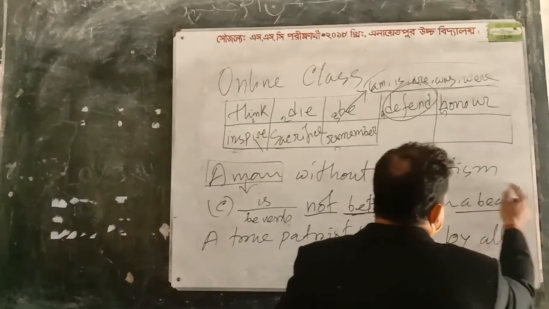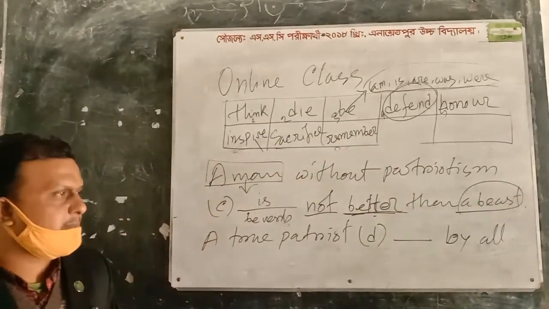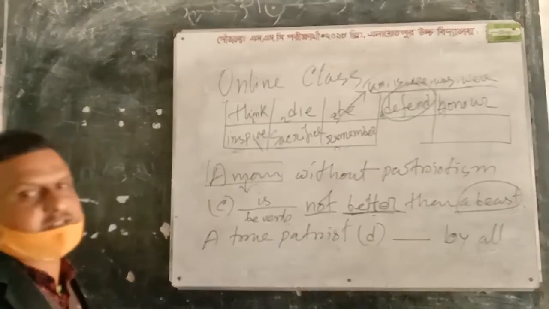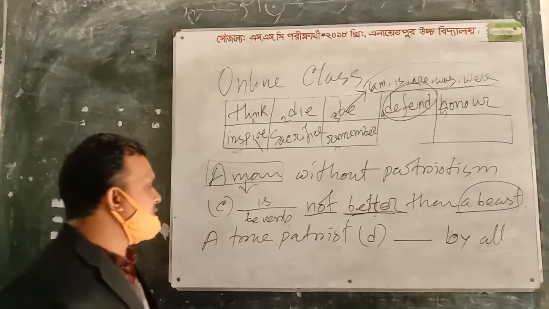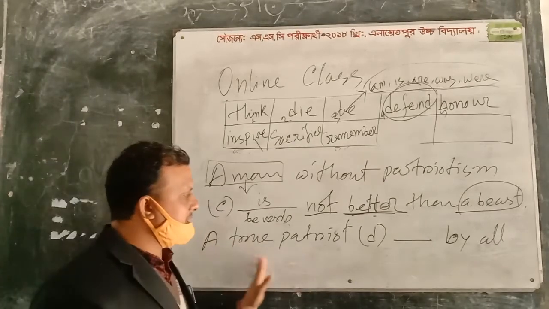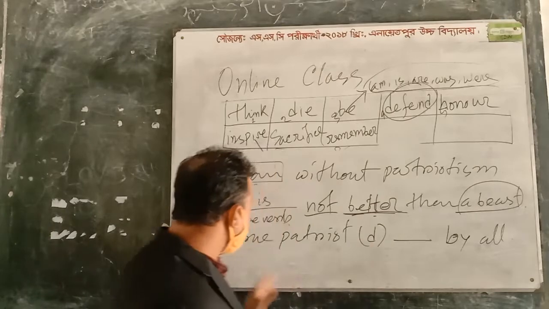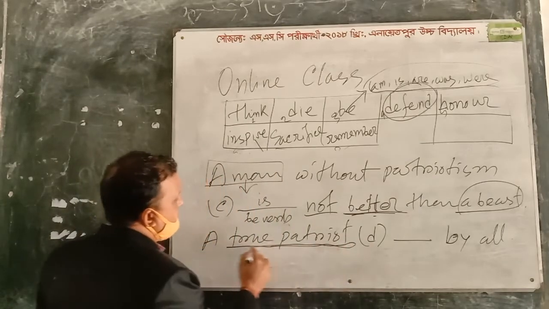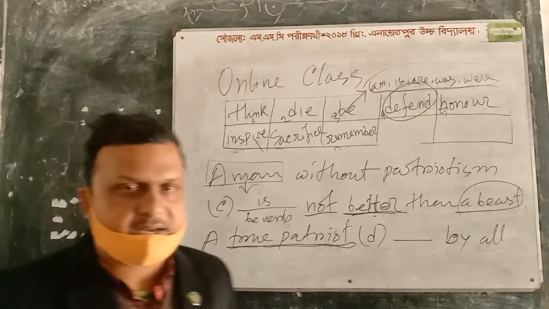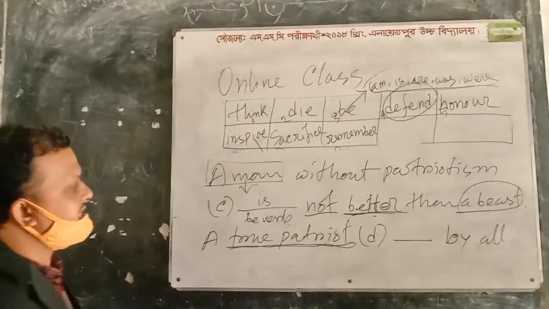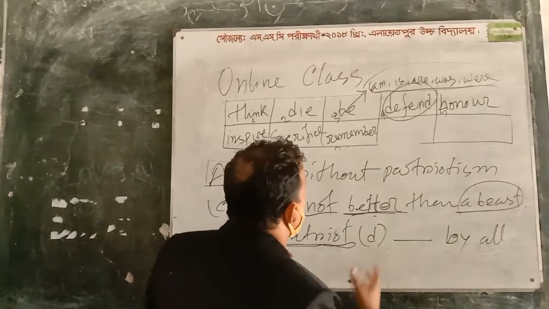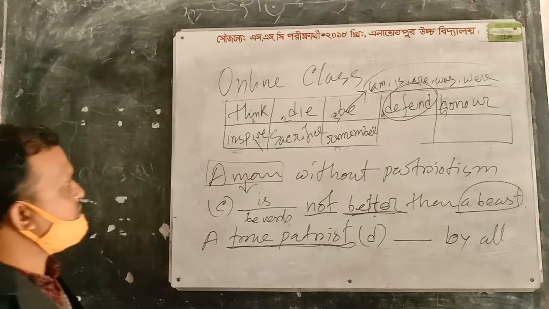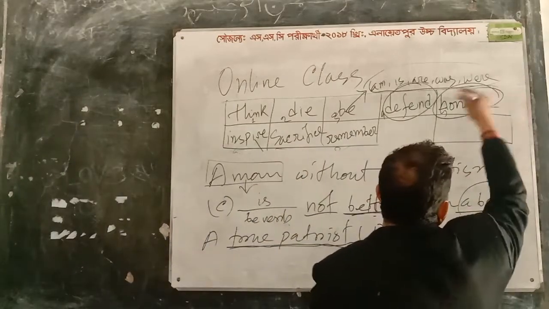মানে একটা দেশপ্রেম ছাড়া একজন ব্যক্তি একটা পশুর চাইতে খুব একটা বেশি ভালো নয়। আই মিন বোঝানো হচ্ছে যে দেশপ্রেম ছাড়া একটা ব্যক্তি কখনোই ভালো হতে পারে না। So the next solution D, I mean a true patriot means একজন সত্যিকারের দেশপ্রেমিক। Patriot means দেশপ্রেমিক। সত্যিকারের দেশপ্রেমিক তো সবার দ্বারাই সম্মানিত হয়, ভালোবাসা পায়। So they have honor, you can use honor.